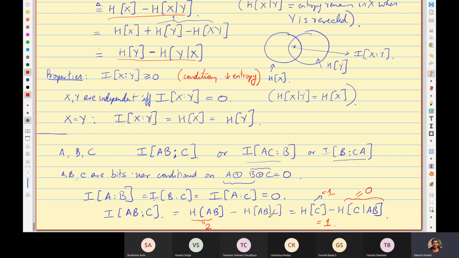But the entropy of AB given C, as we had seen last time, is, well, you're determining up to the parity of A and B, and therefore after that you have one more bit of information. So 2 minus 1 or 1 minus 0 both lead to the mutual information of AB given C.